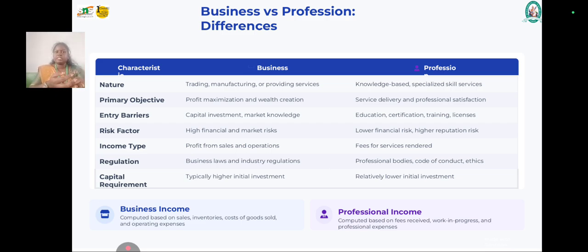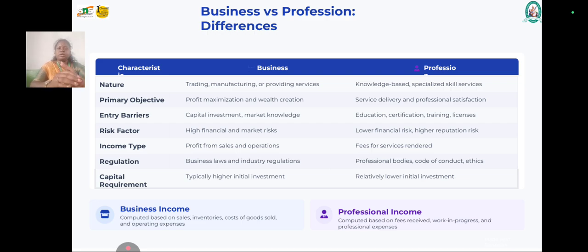Entry barriers for a business include capital investment and market knowledge, and in profession we have education, certifications, training and licenses. In risk factor, business has high financial and market risk, while profession has lower financial risk but high reputation risk.